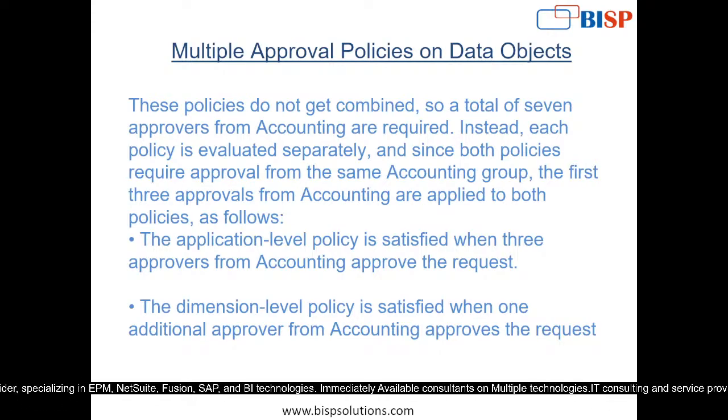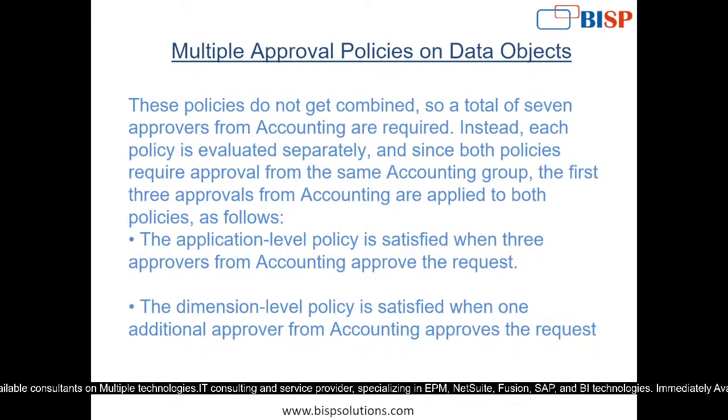Instead, each policy is evaluated separately, and since both policies require approval from the same accounting, the first 3 approvals are applied to both policies as follows. The application level policy is satisfied when the 3 approvers from accounting approve the request, and the dimension level policy is satisfied when 1 additional approval from accounting approves the request.